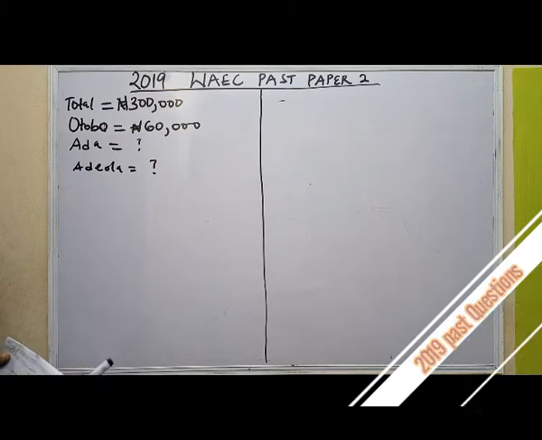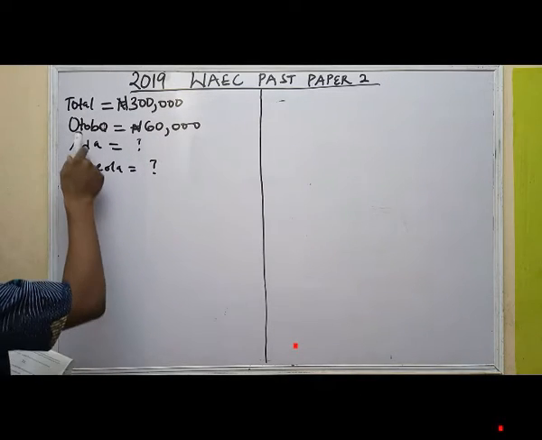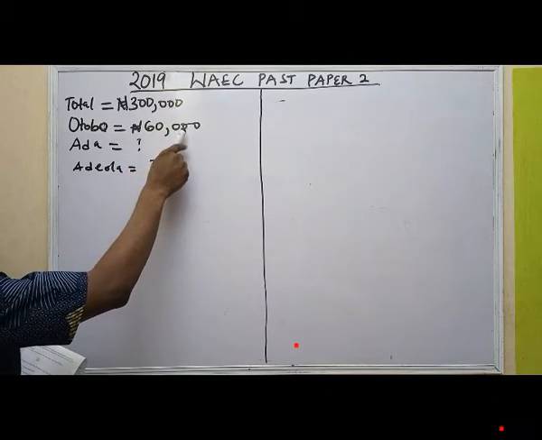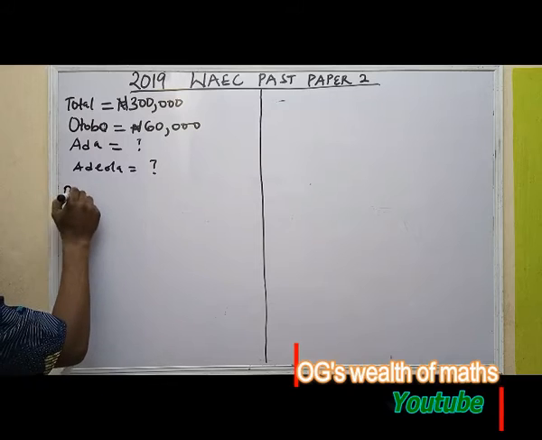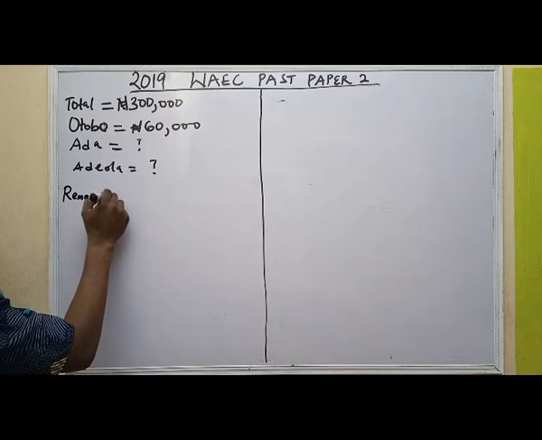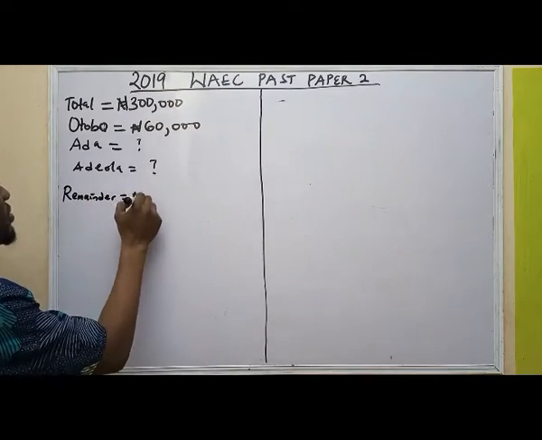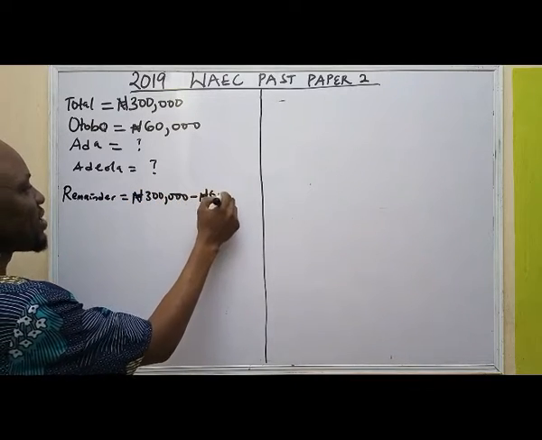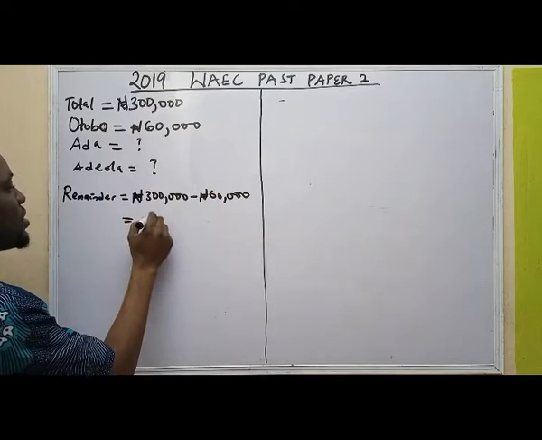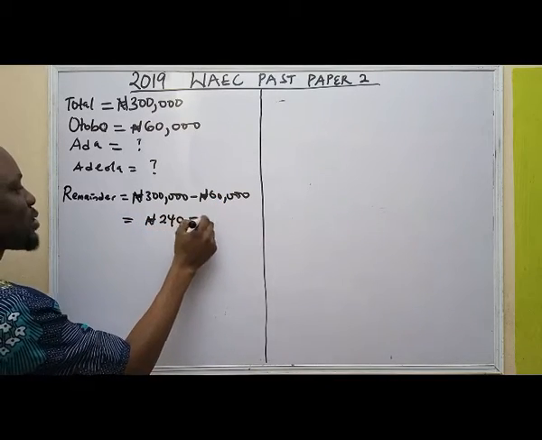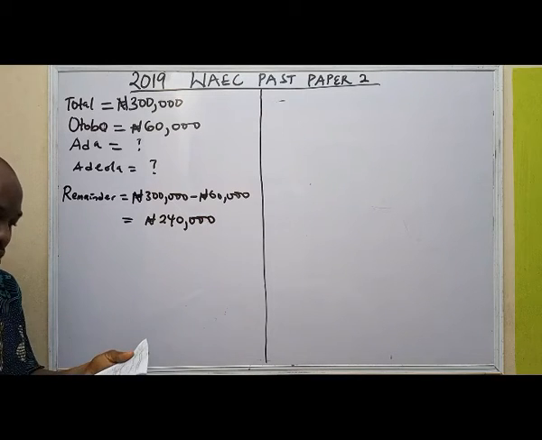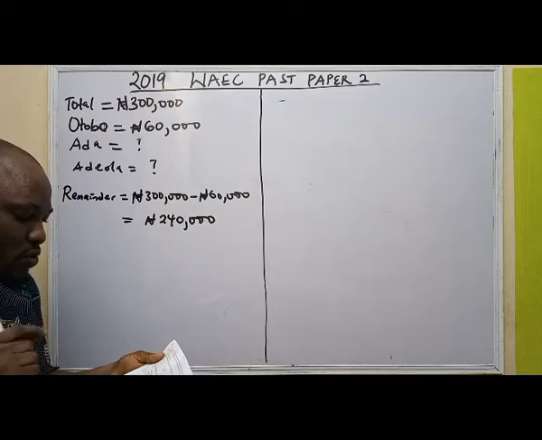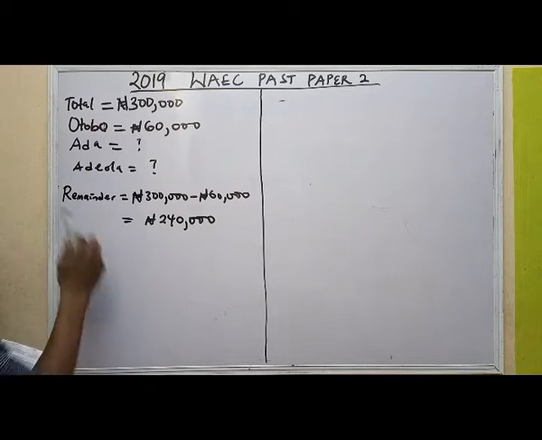Now if Otobo has 60,000 naira, the remainder will be 300,000 naira minus 60,000 naira, which gives 240,000 naira. That is the remainder. The question says that Ada received 5/12 of the remainder, so let's move to Ada's share.